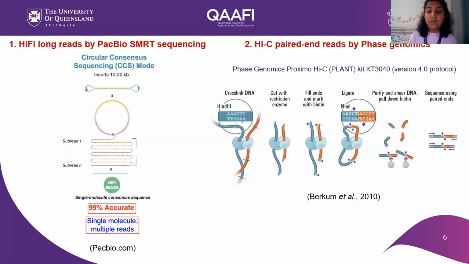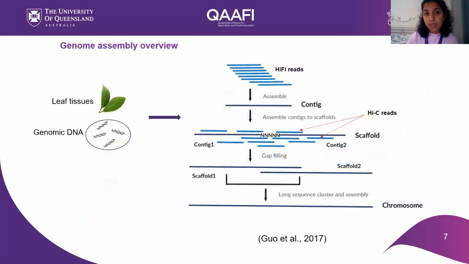These Hi-C reads can then be mapped back to the draft genome to identify genome-wide chromatin interactions. So this is an overview of the genome assembly process. As I mentioned earlier, once we get the HiFi reads, they are assembled to form contigs at the very first step.